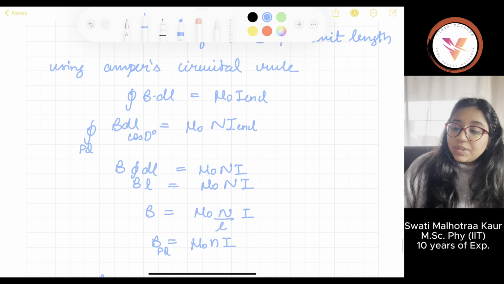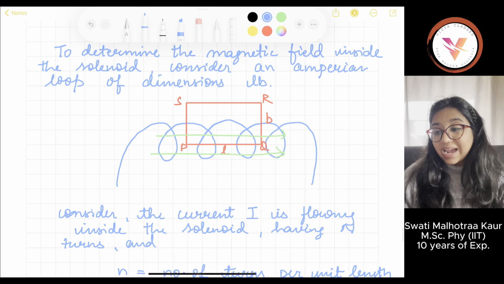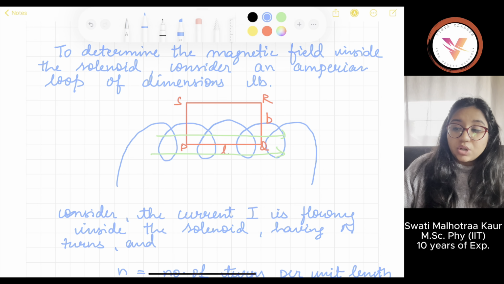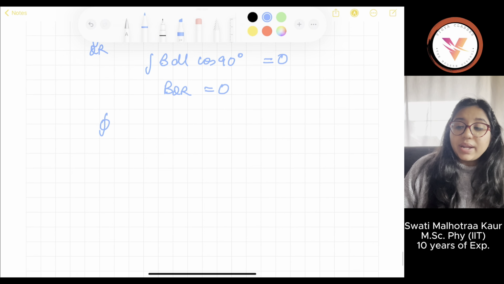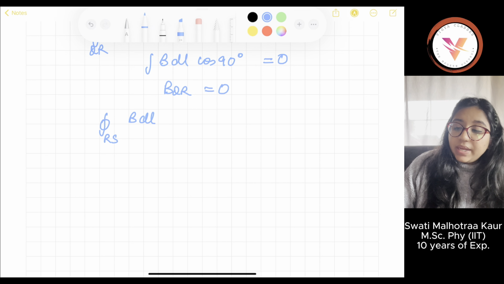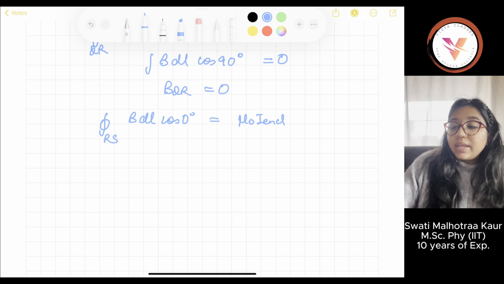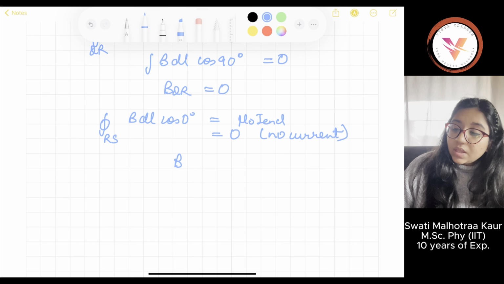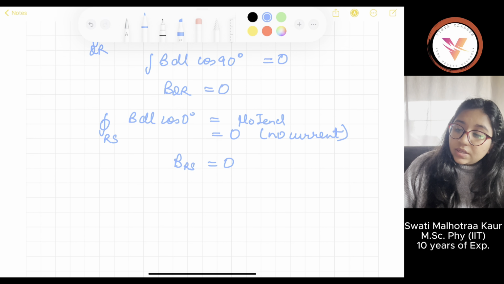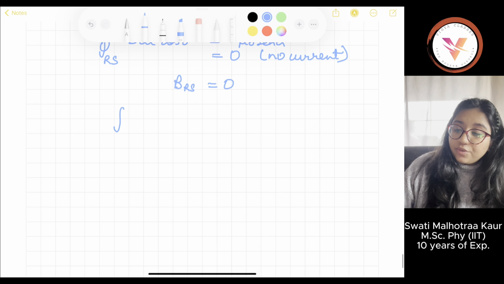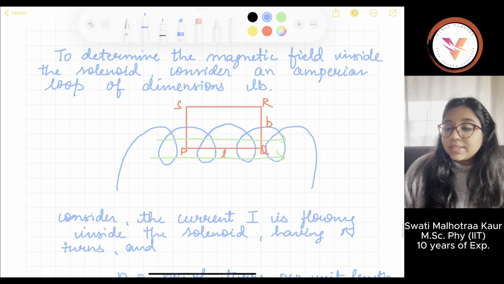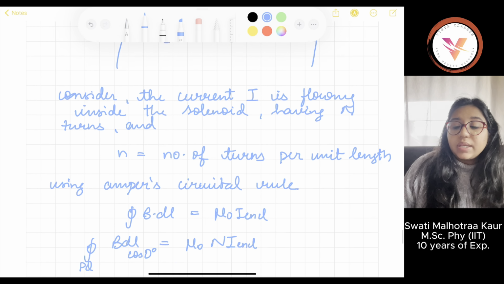And similarly, if you move to RS, here there is no current because it is outside the solenoid. So I enclosed is 0 here. B dl cos 0 degrees, but mu naught I enclosed is 0 here. No current, so here also the magnetic field is 0, and similarly if you are coming back to SP, it is again 0.